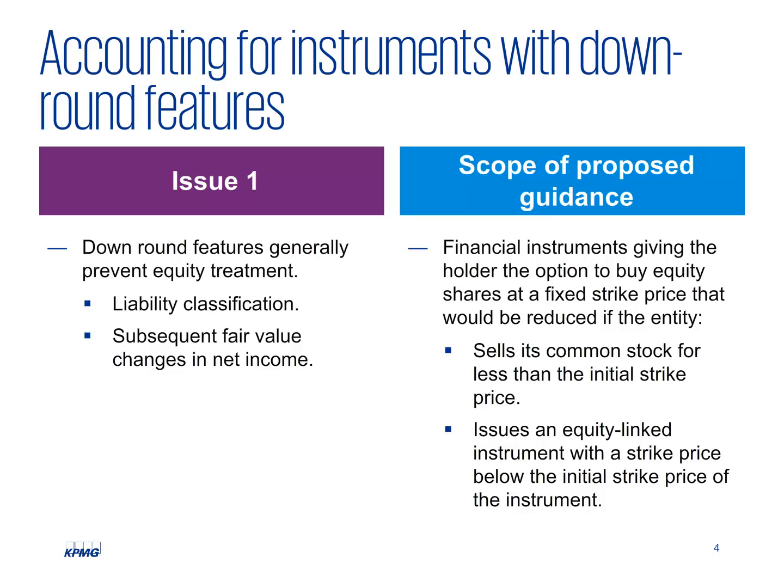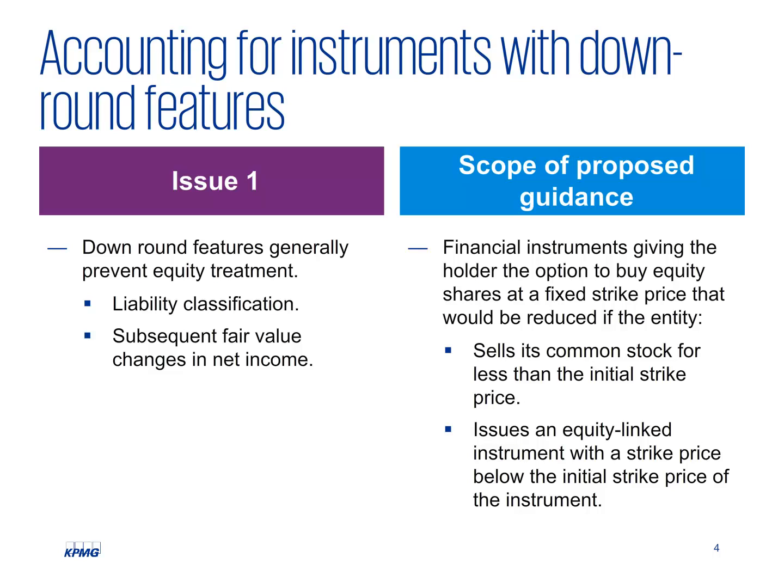As a result, all warrants and certain embedded conversion options within convertible instruments that contain this feature are classified as a liability, initially recorded at its fair value, and as its fair value changes, those changes are recorded in net income. It is this accounting treatment that is causing the issue.